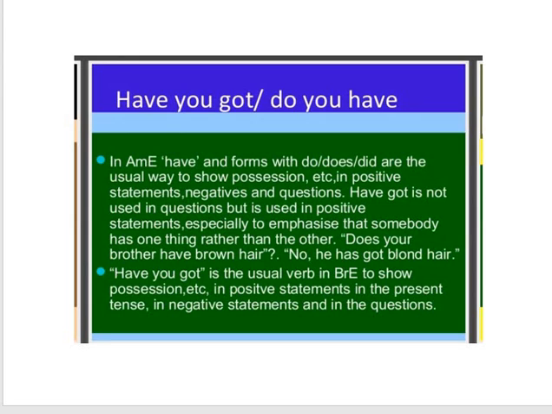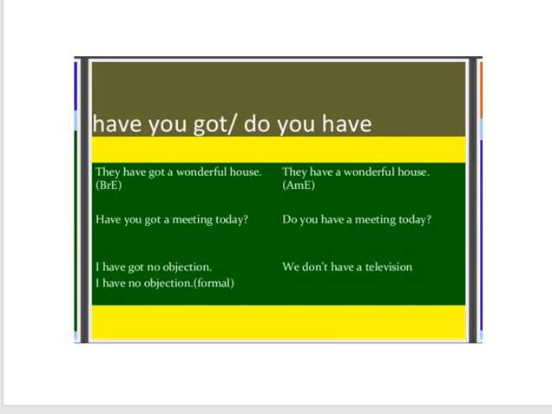And next is have you got. Have you got is the usual form in British English to show possession, etc., in positive statements, negative statements and questions in the present tense. For example, in the British way: they have got a wonderful house.